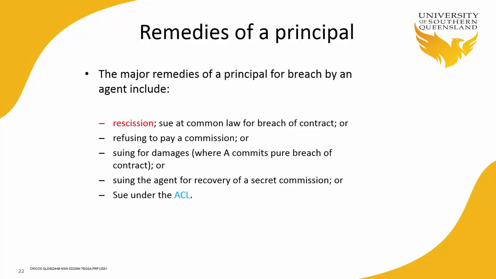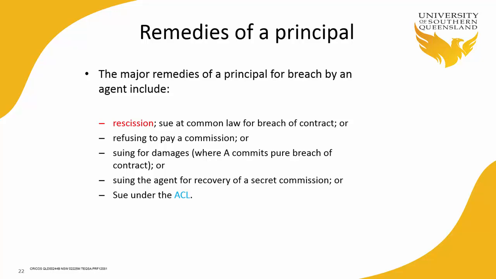Let's look then at remedies again, and this time I'm going to look at remedies not in contract but remedies of a principal against an agent. The major remedies are listed on page 536, and it says the major remedies for a principal for breach by an agent include rescission. This is not really very accurate terminology because we said rescission is not available for breach of contract.